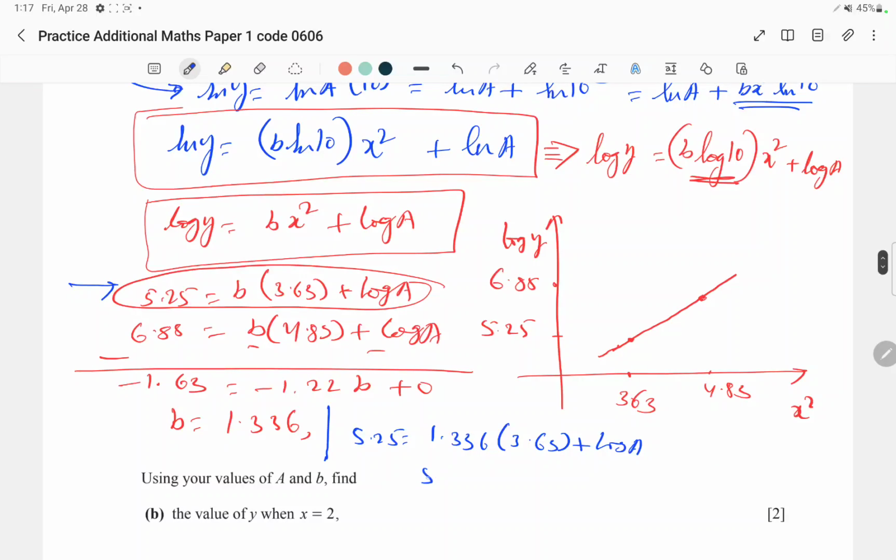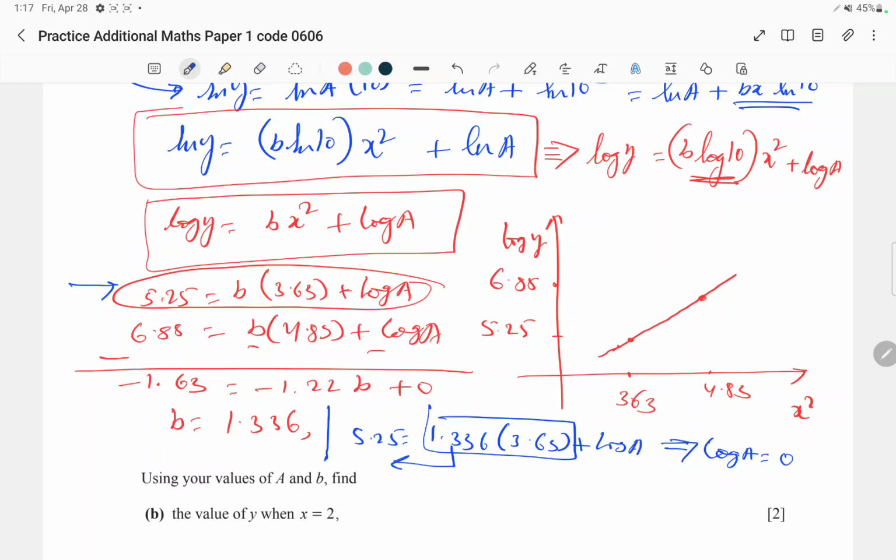So what will be the log a value over here? Log a equals 5.25 minus, just subtract, take to the left side, 1.336 times 3.63, which is 4.